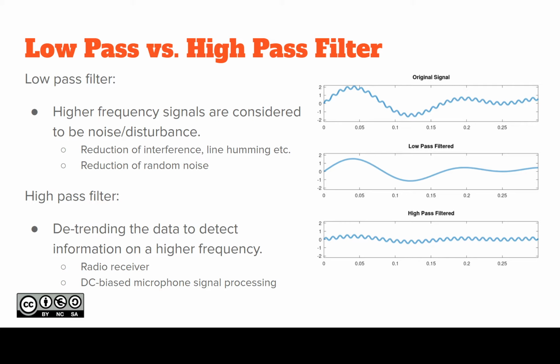Okay, a couple of examples. Radio receivers actually have these kinds of high pass filters for taking out the DC part. Another quite nice example, I think I have a picture later on, is DC biased microphone signal processing.